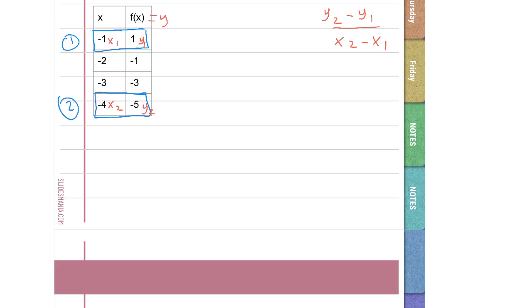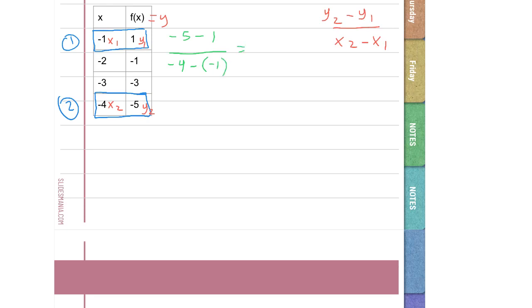So y2 minus y1, well, what is y2? It's going to be negative 5 minus y1, well, y1 is just 1, over x2. x2 is negative 4 minus x1. Well, x1 is negative 1, so put that in parentheses because it's a negative.